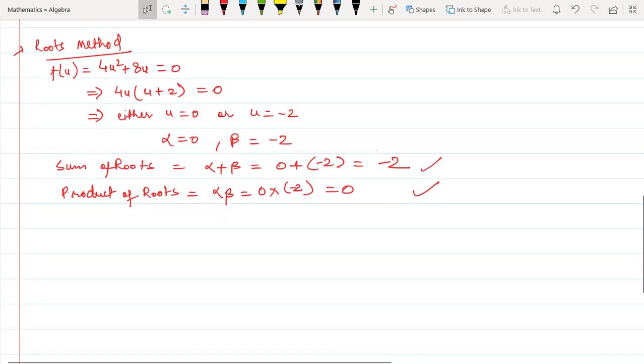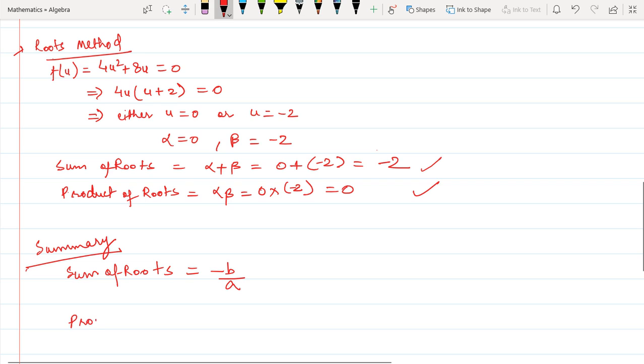So I'll just revise and summarize what we have learned here, which is the relation between the sum and the product of roots with the coefficients. So remember, sum of roots is equal to minus b by a, and product of roots is equal to c by a.